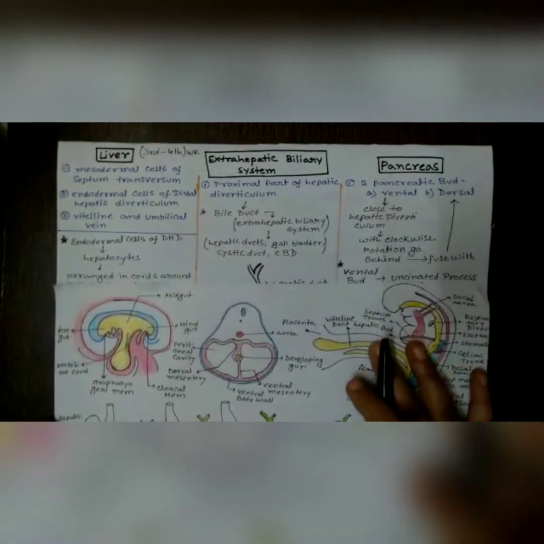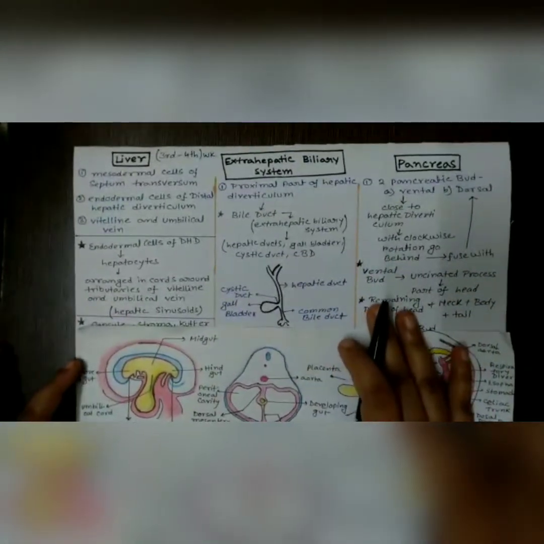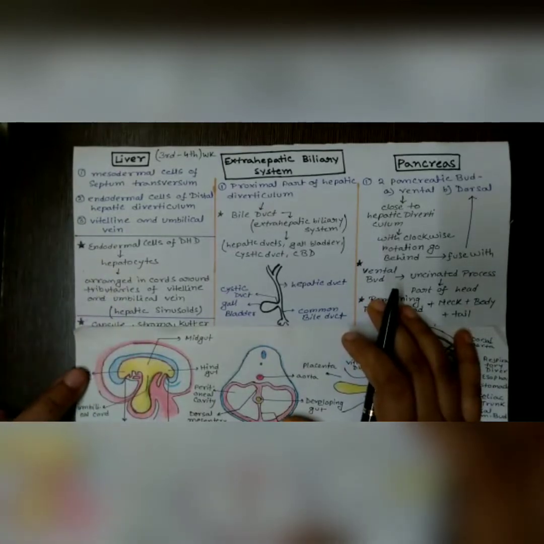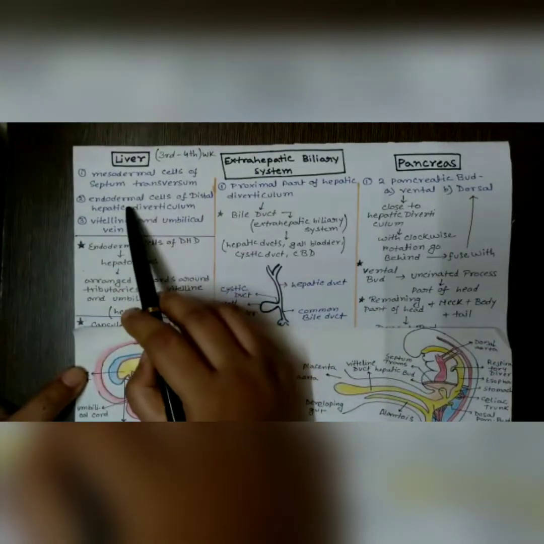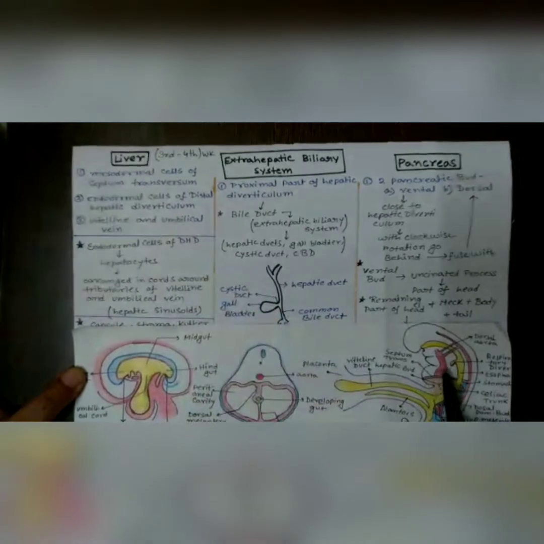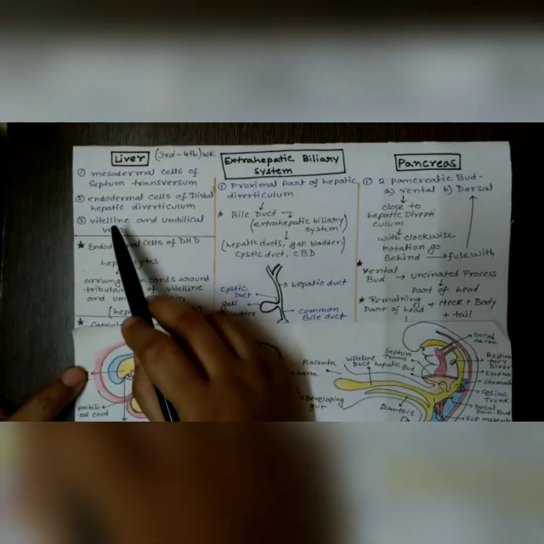Now let's see the liver first. Actually, the liver is formed by three portions: mesodermal cells of the septum transversum, endodermal cells of the distal hepatic diverticulum, that means these portions, and the vitelline or umbilical vein.